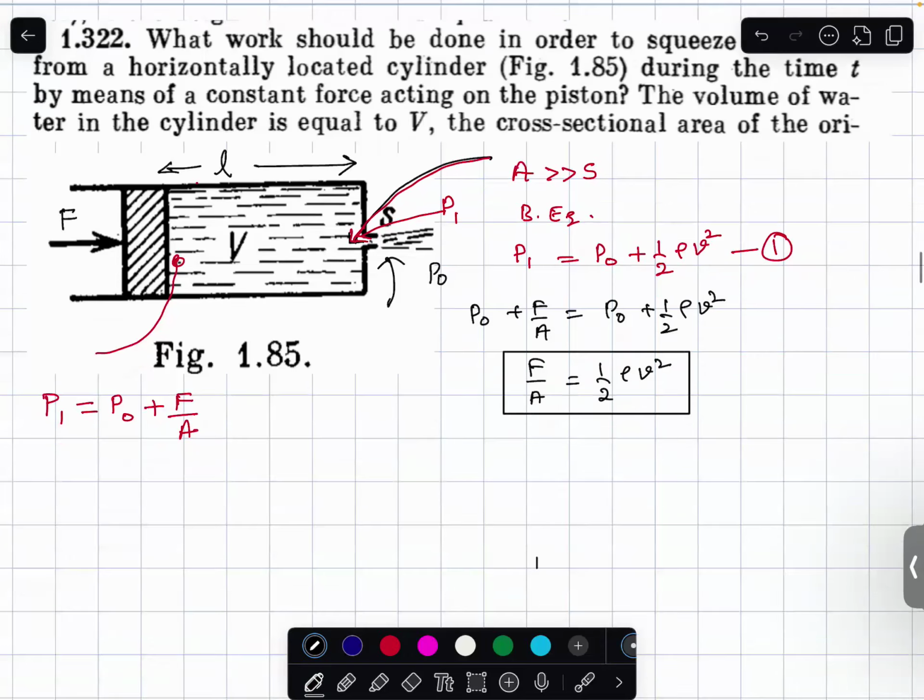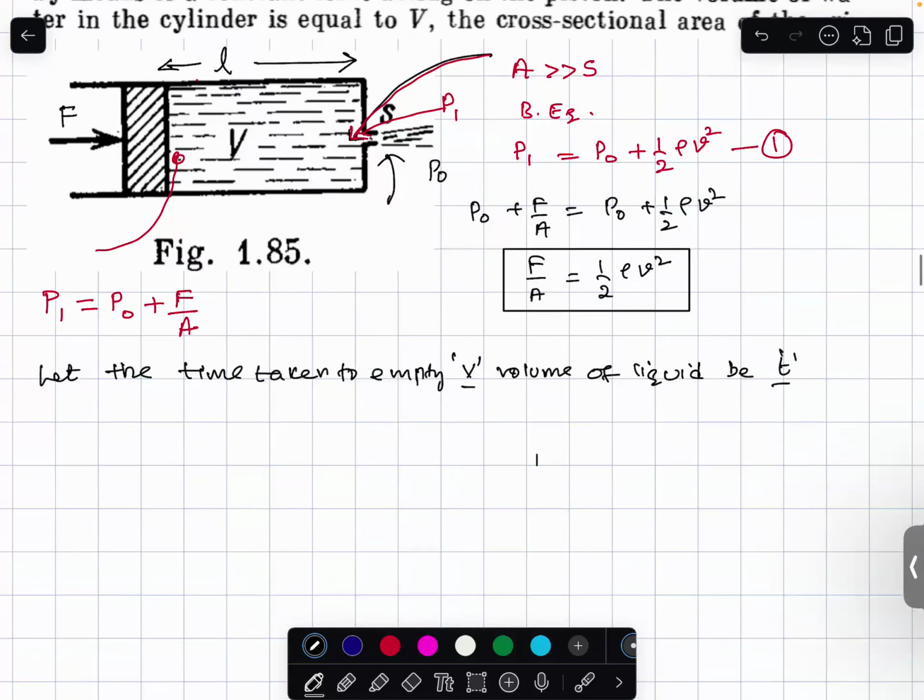See, please try to understand. Let the time taken to empty V volume of liquid be T. Remember, both are given in the question.